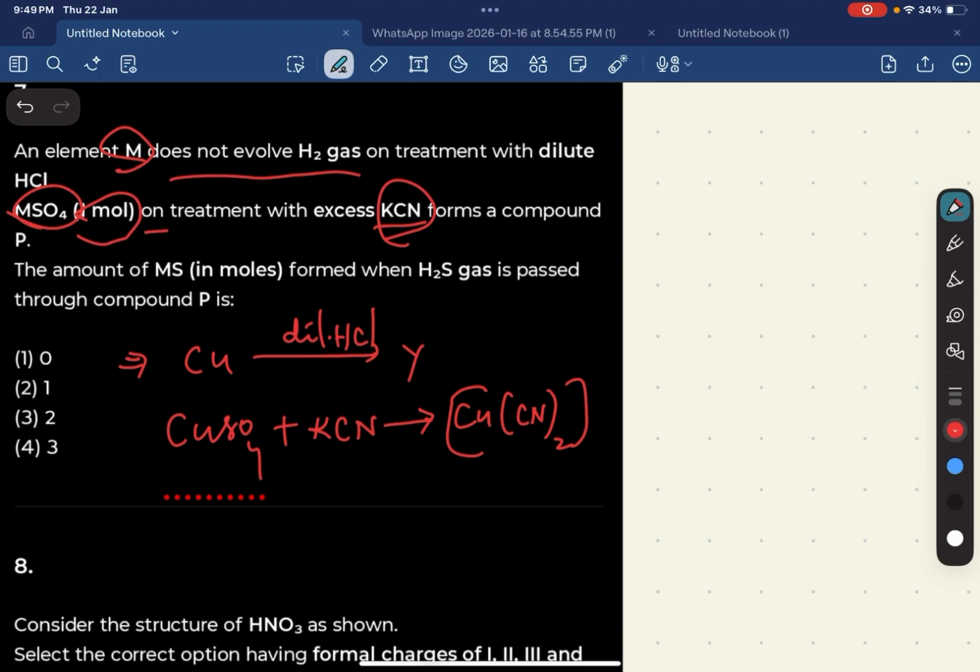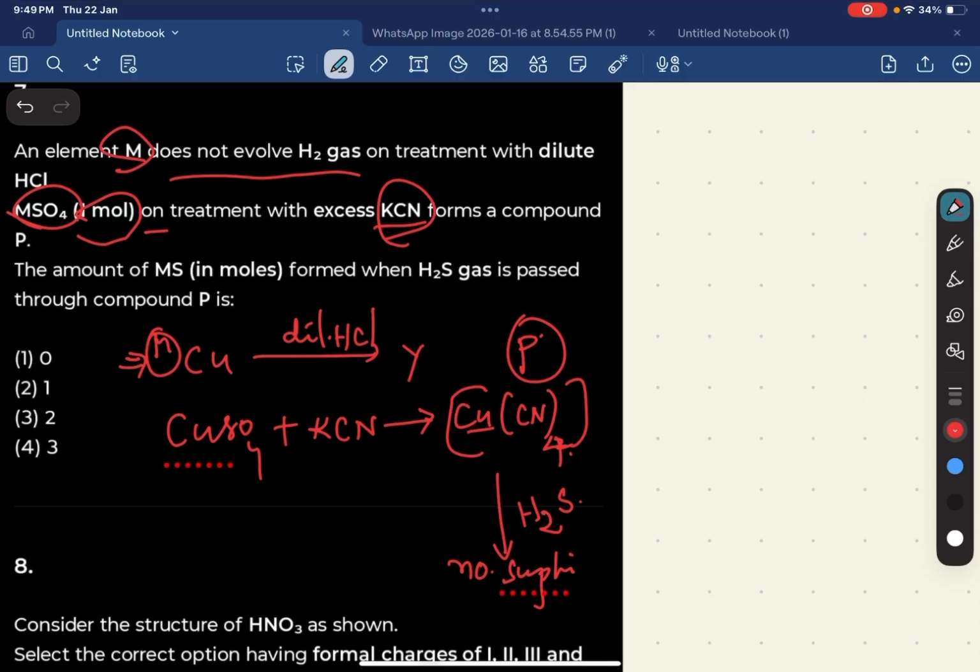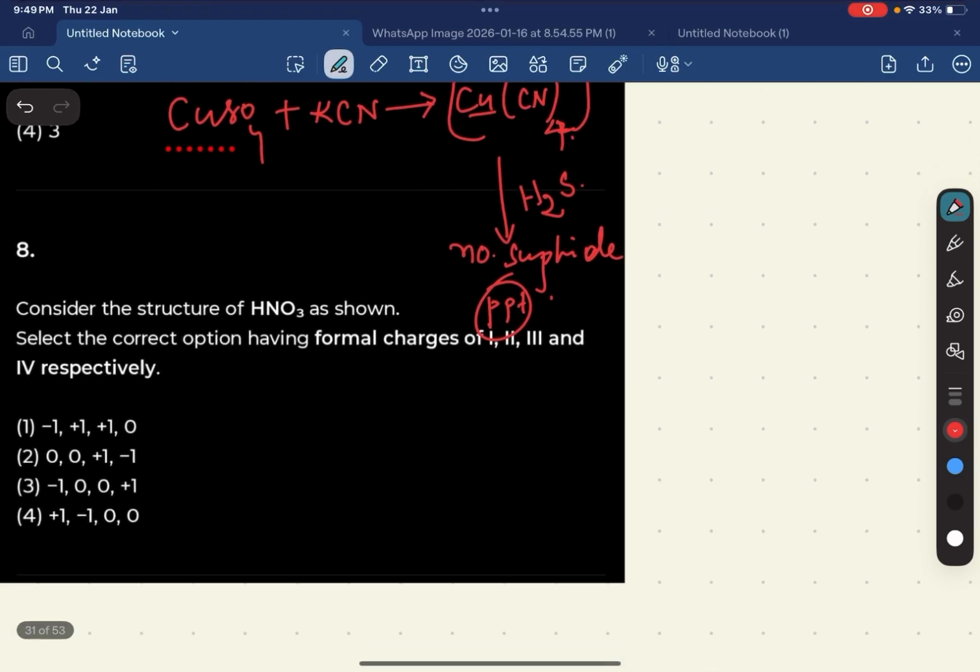Sorry, not twice, 4 times, because the coordination number of copper is a maximum of 4. Then H2S gas is passed through compound P; this is P, this is metal M. So there will be no sulfide precipitate here, because copper is in the coordination compound form. No sulfide means no precipitate is formed. So that's why the answer will be 0. This is an important model. Coming to the next.